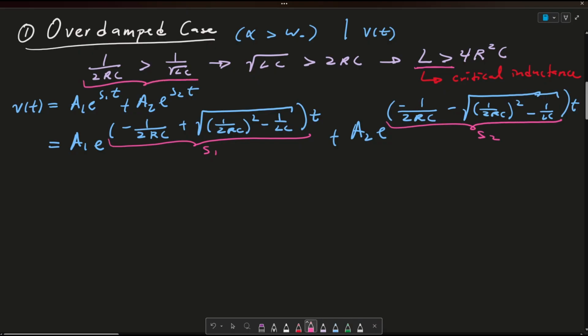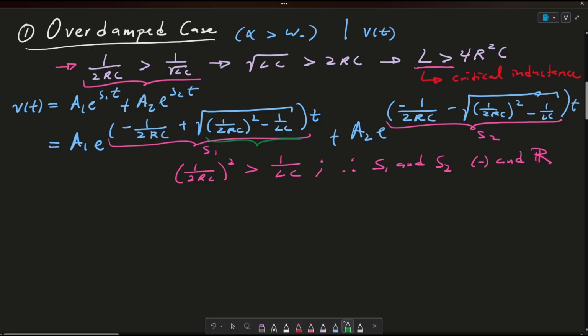And based on this criterion here, we say that since 1 over 2RC is greater than 1 over the square root of LC, that means that (1 over 2RC) squared is also greater than 1 over LC. I hope this makes sense. Therefore, we can say that S1 and S2 are both negative and in the real number domain.